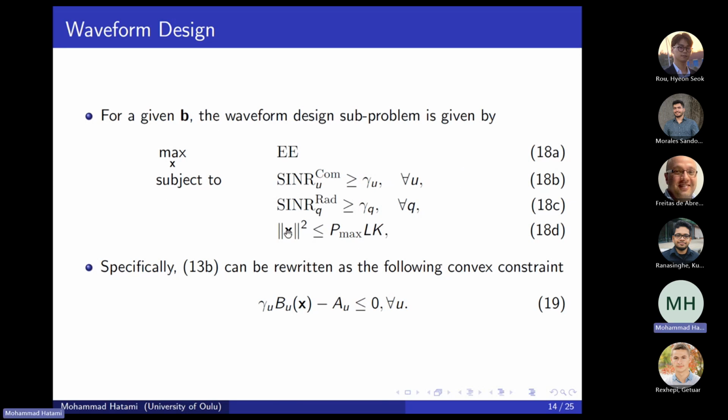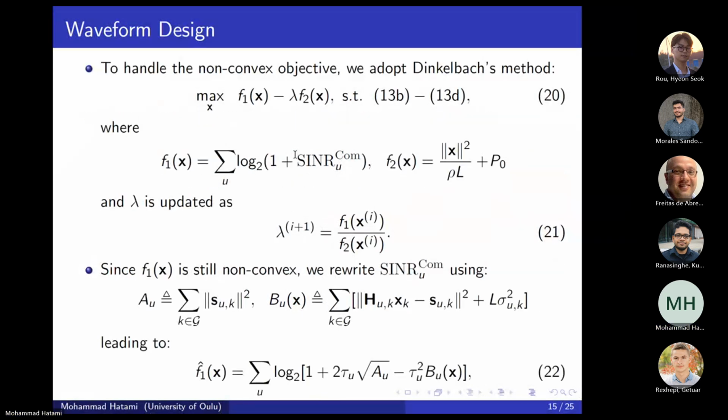To deal with this non-convex problem, we do as the following. First, note that 18B is a constraint that can be rewritten as this 19, which is convex, which is what we need to deal with this non-convex constraint and non-convex objective function. To handle the non-convex objective function, we first use the Dinkelbach method to rewrite the problem as in 20.